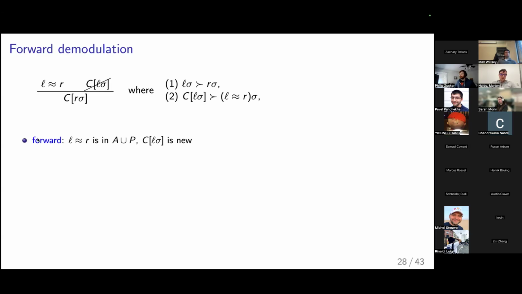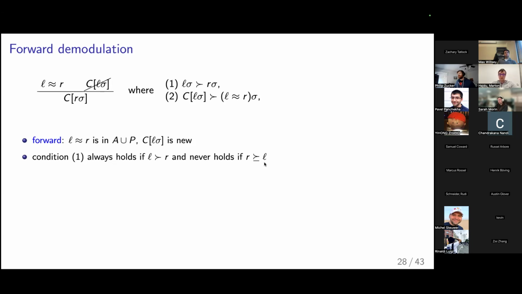And as I've said, it's a forward simplification because L equals R is in the active or the passive set and the other clause is new. If you look at condition 1, it always holds if L is greater than R because of stability under substitutions. And for the same reason, if R is greater than or equal to L, then it never holds.